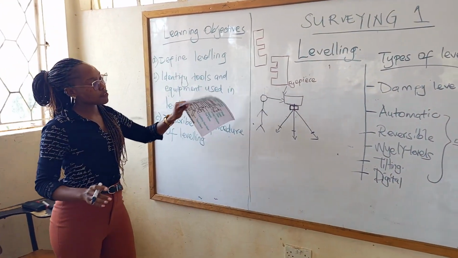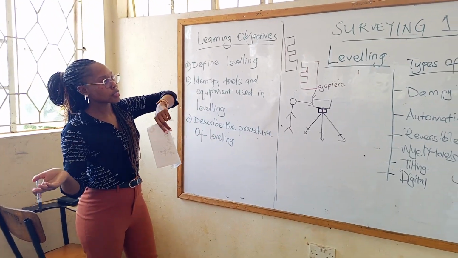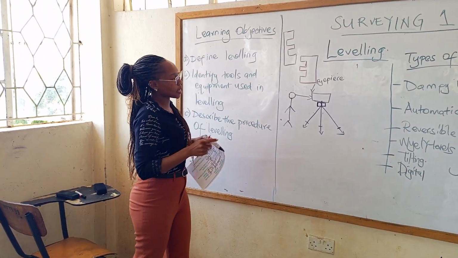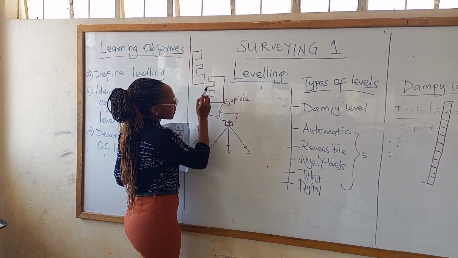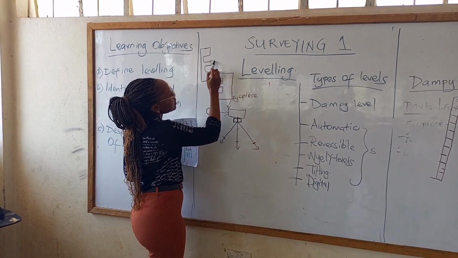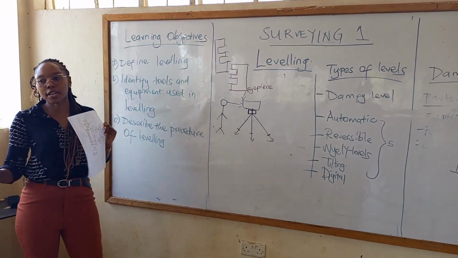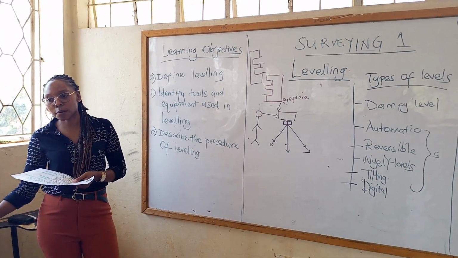The leveling staff has graduations looking like that. It runs from 0 meters to around 4-5 meters. Na huku ndio kuna graduations za kusoma. Sawa sawa? I will explain this while we are out on a practical class on how we take readings from the leveling staff. Sawa sawa?